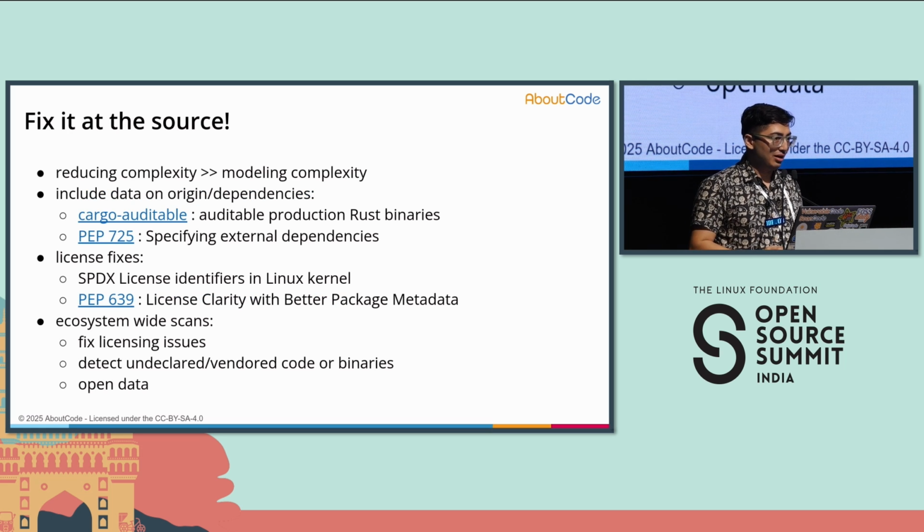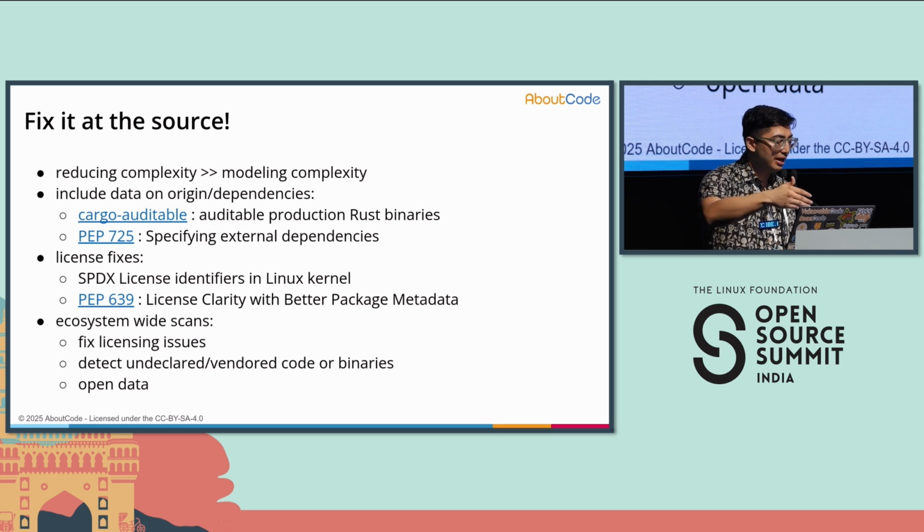Now, another thing is binaries. If you look at binaries and you are trying to find what is in them, it is a bit hard for us to just build tools which do a lot of hard things. The easy thing to do is just include metadata in the binary and at the specification level. For example, some ecosystem is bringing out a new specification or a binary or something.